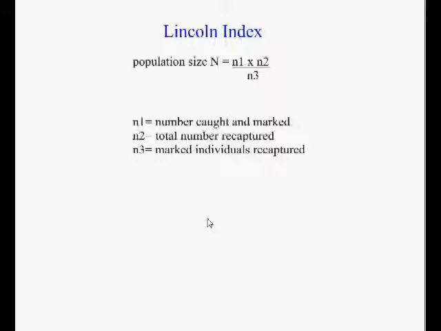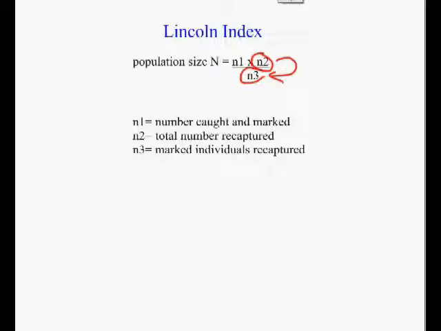It doesn't matter exactly how many you recapture; you could recapture a different number if you wanted to. That's N2. And then we check, of the ones that we captured, N2, how many of them had our markings on it. That's N3, and it goes into this very simple equation, which gives us an estimation of the population size.